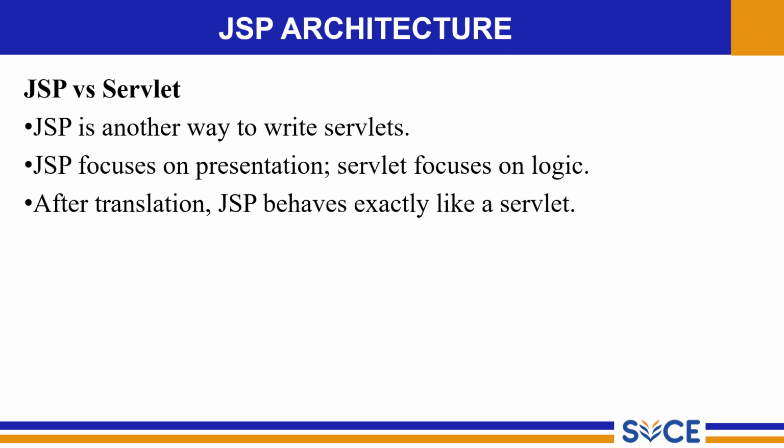Behind the scenes, the JSP file is translated into a servlet by the JSP engine. Once this translation and compilation are done, the JSP behaves exactly like any other servlet in the Java web architecture. This combination allows developers to enjoy a clean separation of concerns: JSP for layout and UI, and servlet for logic. In the end, both work together seamlessly to deliver dynamic, efficient web applications.